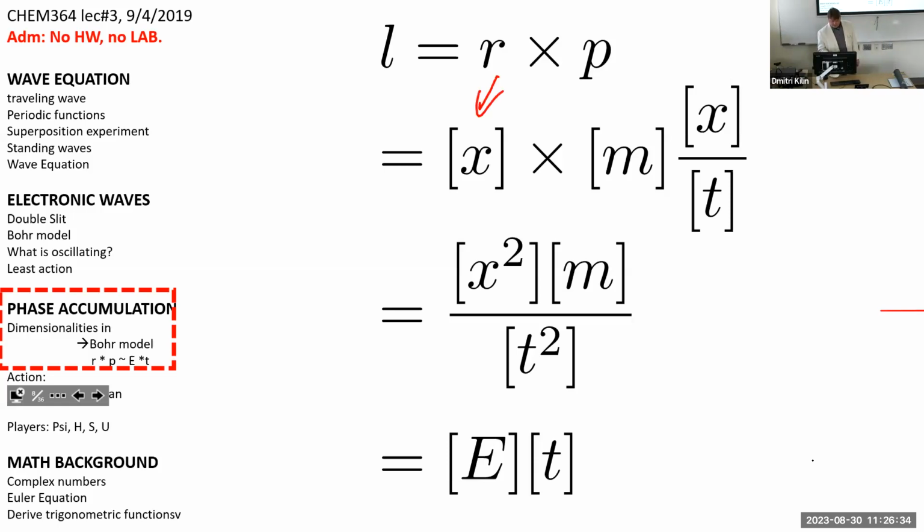Position is distance, momentum is mass times velocity, distance over time, right? And then we have distance squared, mass over time squared.